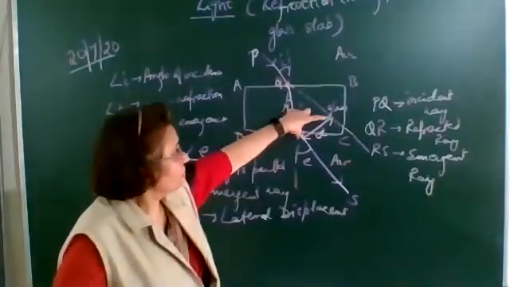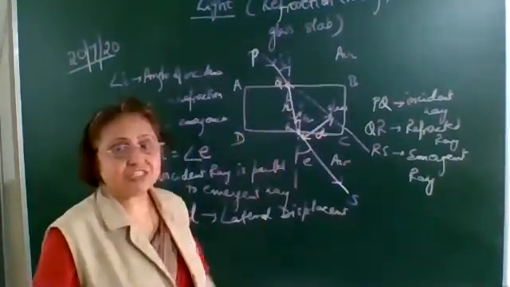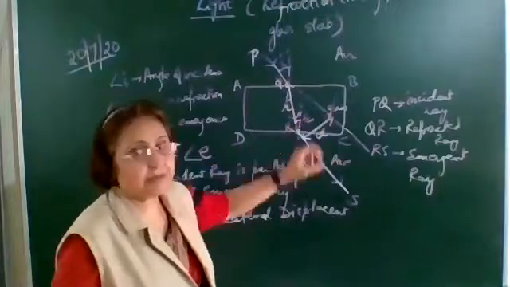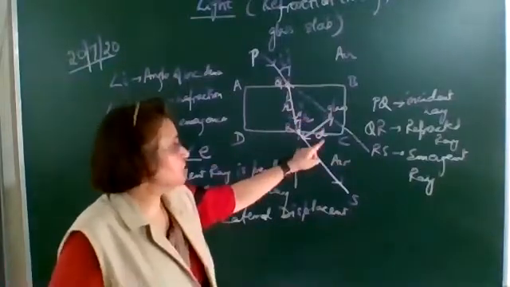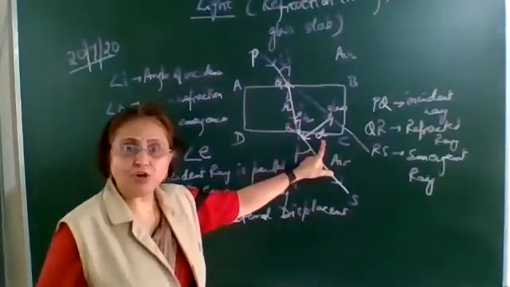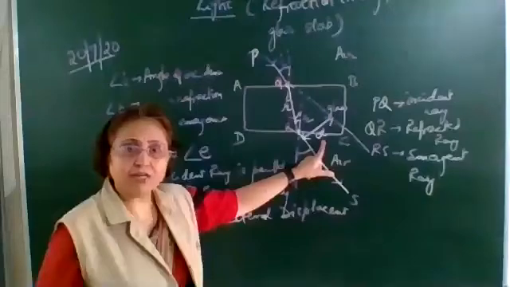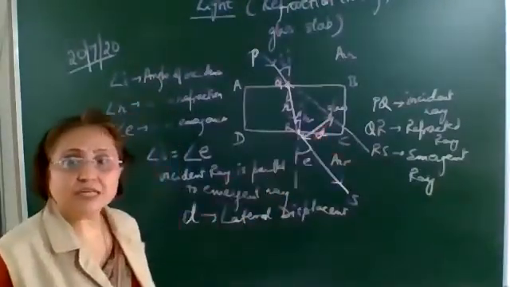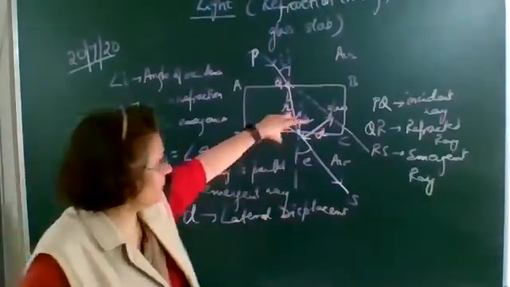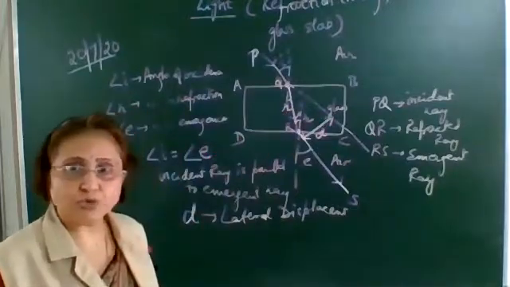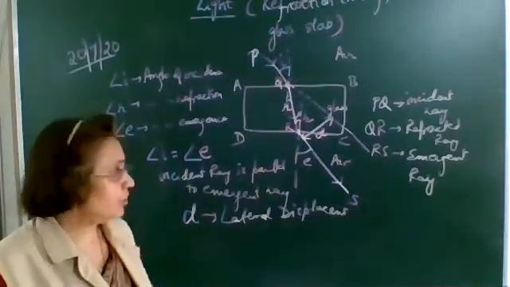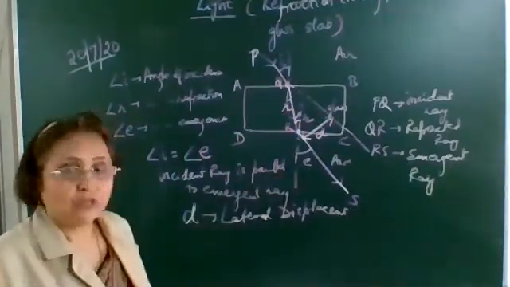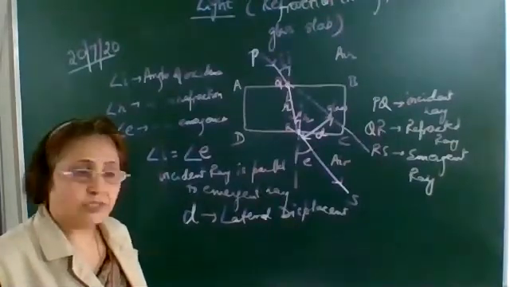Now draw one perpendicular distance between the incident and the emergent ray, which you will write as small d. This small d is called the lateral displacement, the perpendicular distance between the two rays. Draw this d. Okay, the figure is complete.